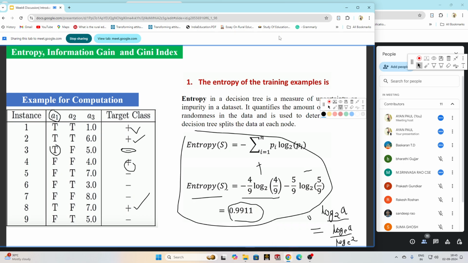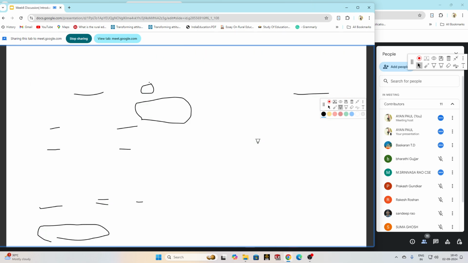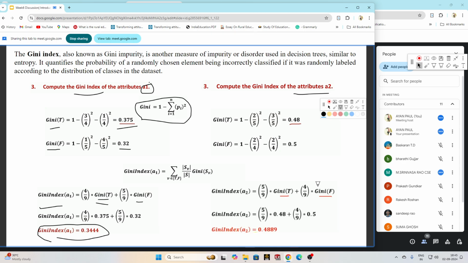Now this is clear, right? Gini index also clear. Anyone any doubt regarding Gini index? No doubt, right? Where do we apply entropy and information gain? Information gain as well as Gini index are applied for the creation of a decision tree, that means deciding which input we have to split and which we do not need to split.